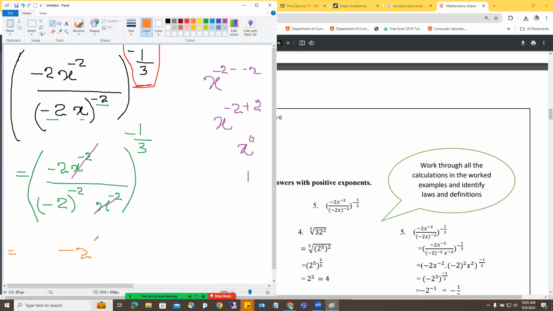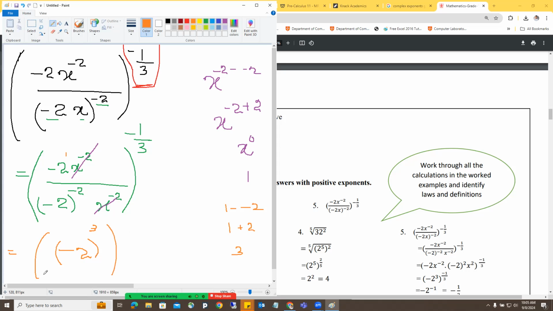Altogether we have minus 2 to the power of 3, right? The reason is here we have 1 minus minus 2, which means altogether 1 plus 2, that means 3. Is it clear? So now we simplified these two as well.